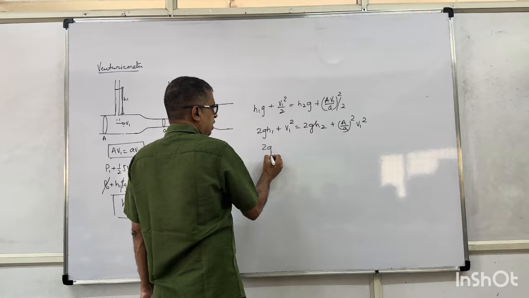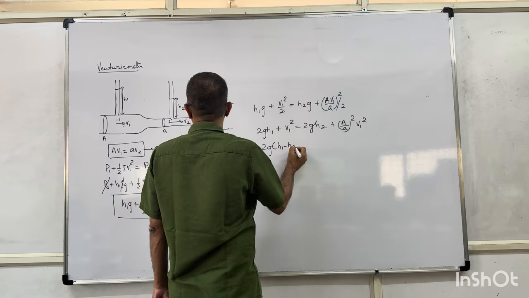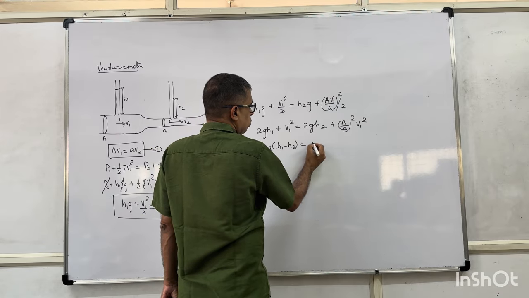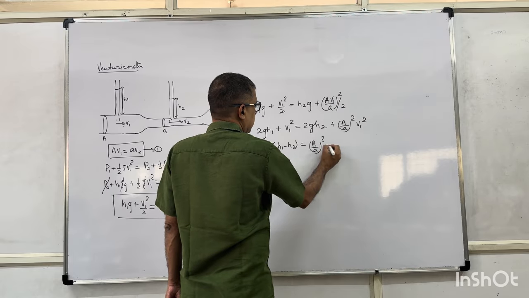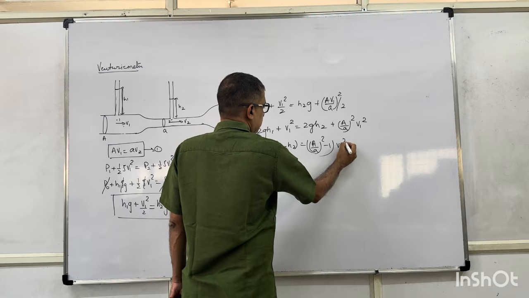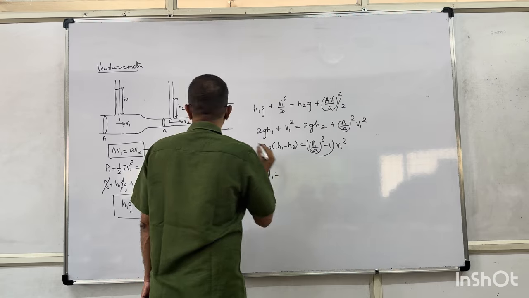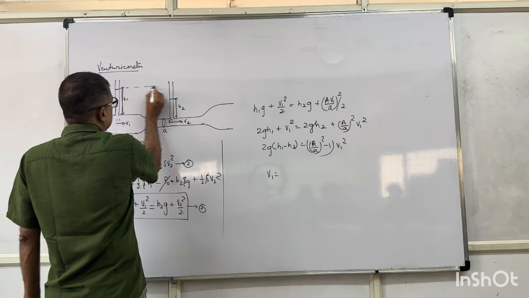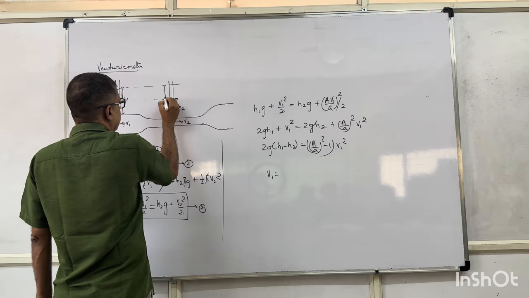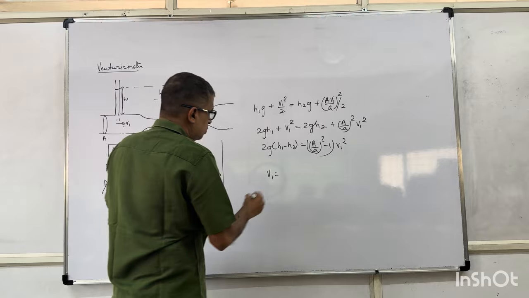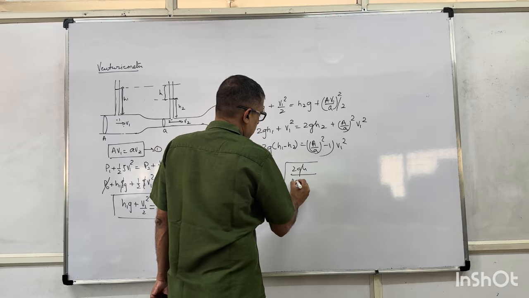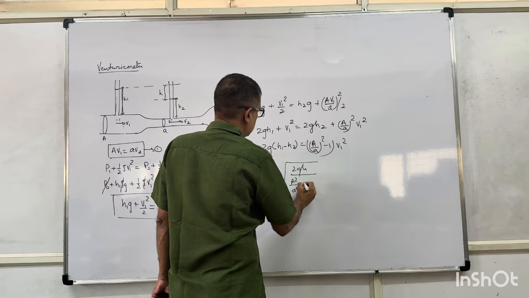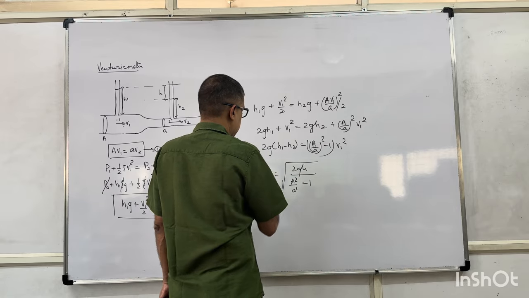Take this to the right. 2g(H1 minus H2) should be equal to (A by a whole square minus 1) V1 square. If I tell you that this difference in height is h, V1 is root over 2gh upon A square by a square minus 1.